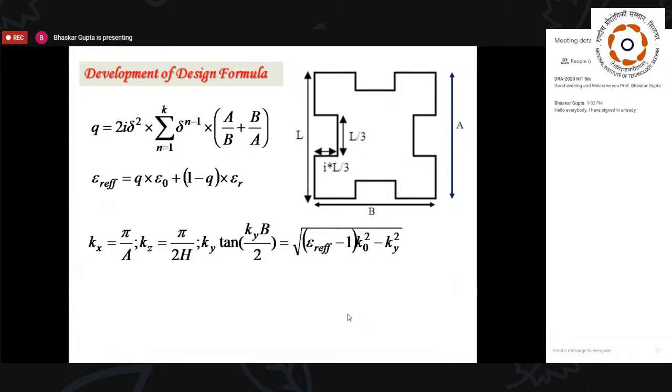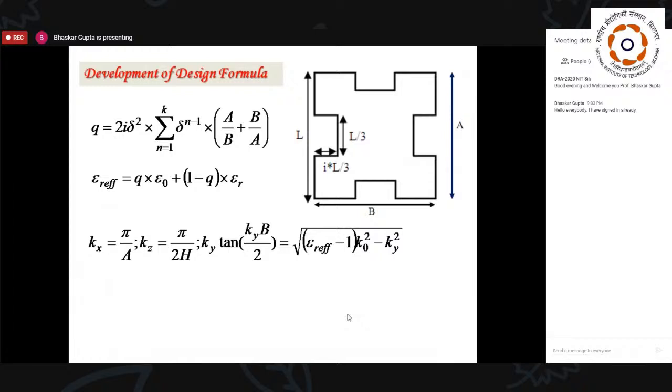And this corresponds, just like for any DRA in the rectangular case, we can consider the TM mode, 1 0 delta, and delta means just the mode number along the vertical side.